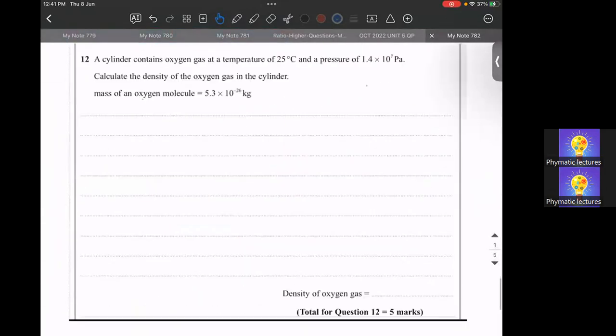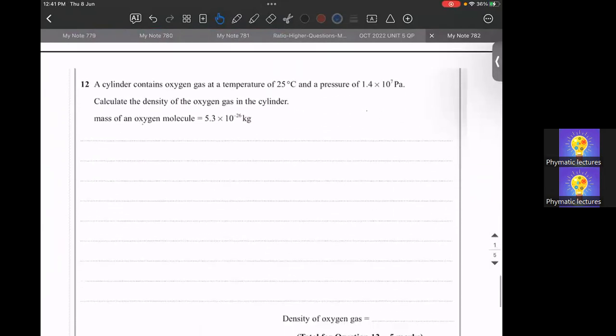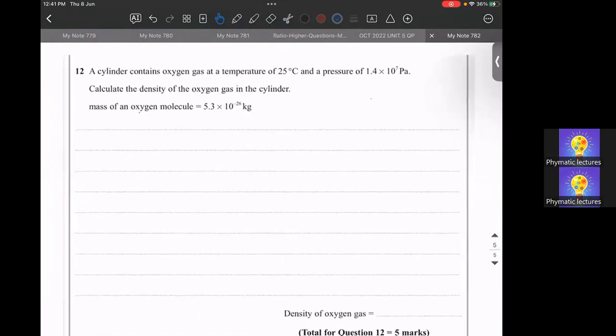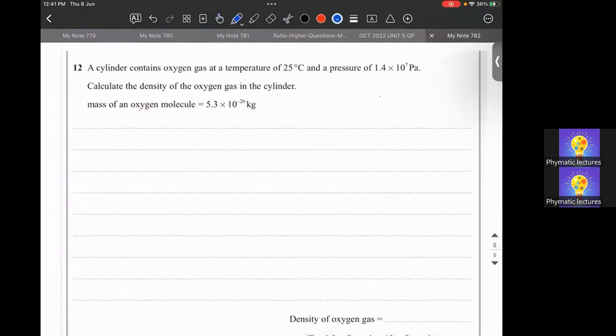The section B question, that is question number 12. In this question, a cylinder contains oxygen gas at a temperature of 25 degrees Celsius, and the pressure in this is 1.4 times 10 to the power of 7 Pascal.